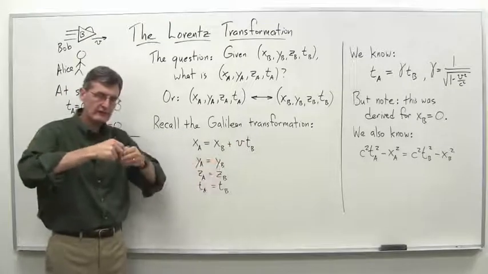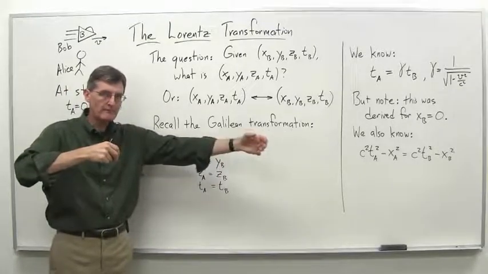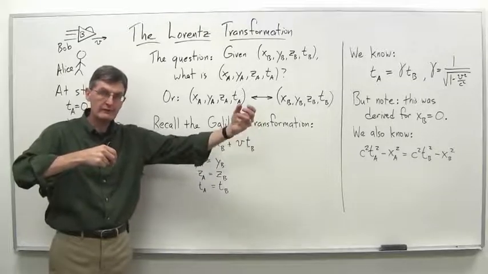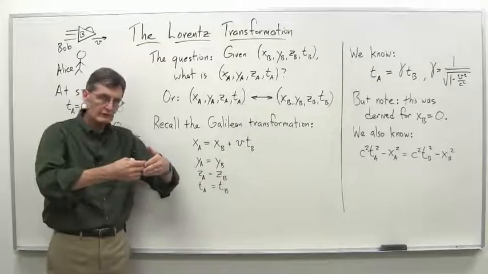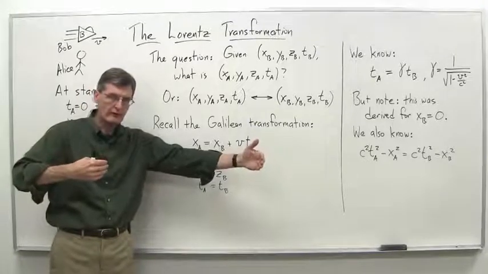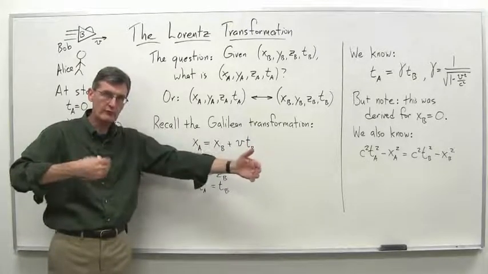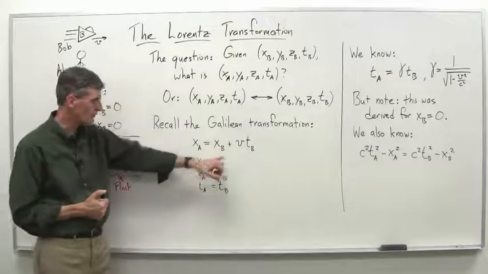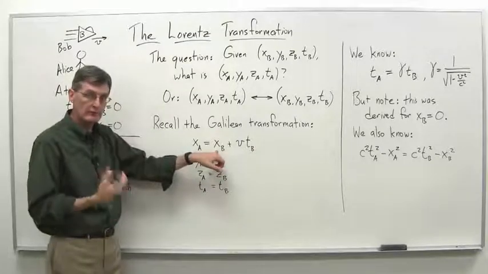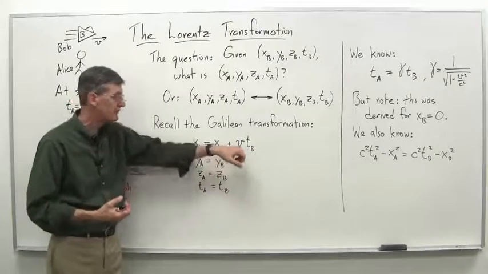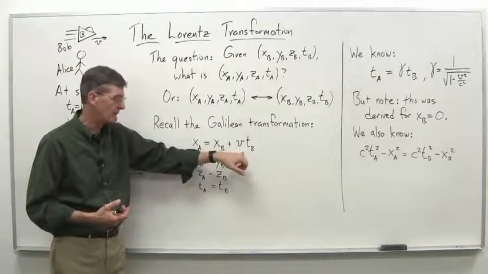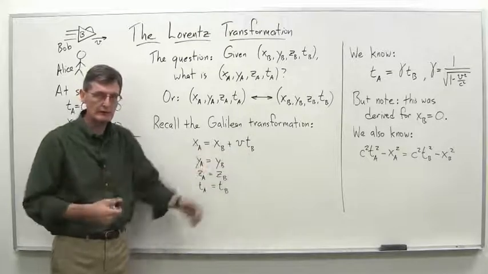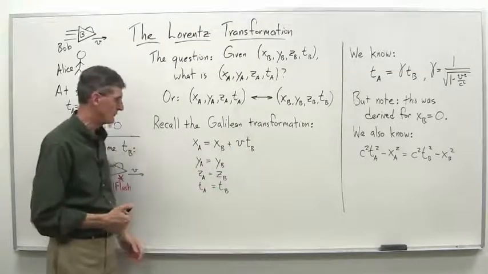So if Alice is standing here, as Bob moves on, then if he measures something at his x_B equals 0, we know Alice's measurement is going to be farther on in the positive direction, because that's the direction Bob is moving with respect to Alice. And so it'll be whatever position Bob measures something at, plus essentially the distance traveled by Bob in that given amount of time until he sees the flash or whatever happens to be.